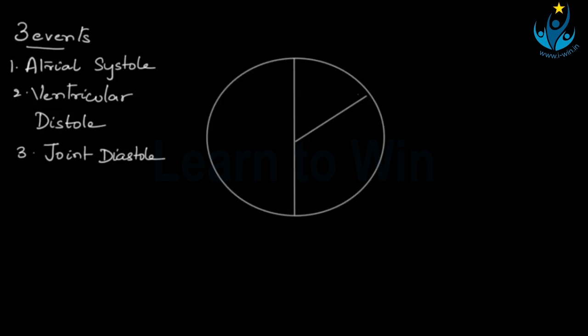Now I am going to show them in this pie diagram to explain how long each event will last. The smallest event of the three, which lasts for a limited time, is this event that is happening here.